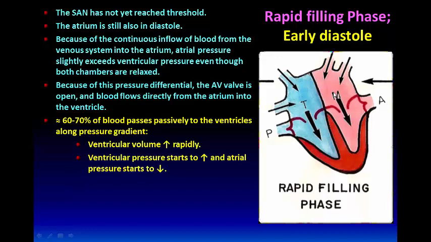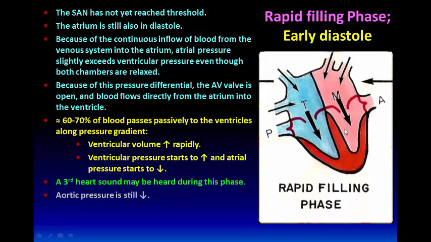So the left ventricular volume increases rapidly, and the left ventricular pressure begins to rise, and the atrial pressure starts to decrease because of the rapid movement of blood from the left atrium into the left ventricle. During this rapid filling phase, a third heart sound may be heard. What about the aorta?